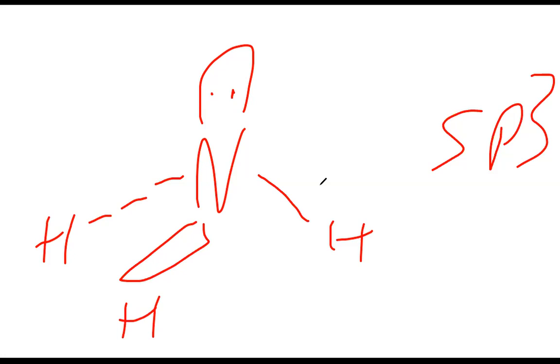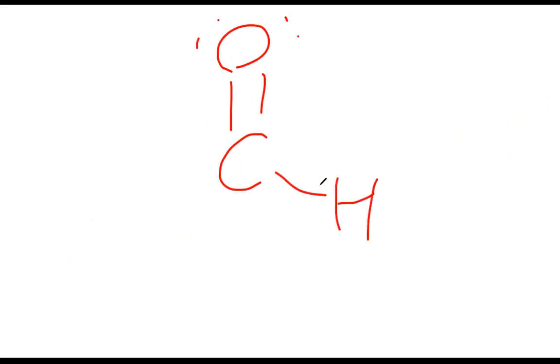Yep. Now let's take a look at something else, right? Let's look at formaldehyde. So C double bond O, H, H. Okay, this guy's trigonal planar, right?